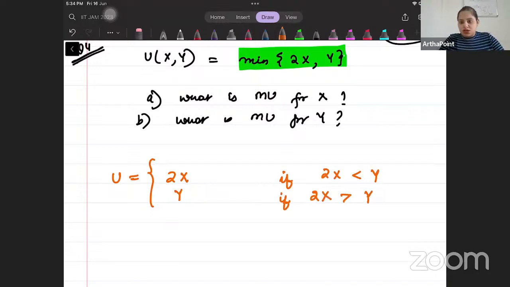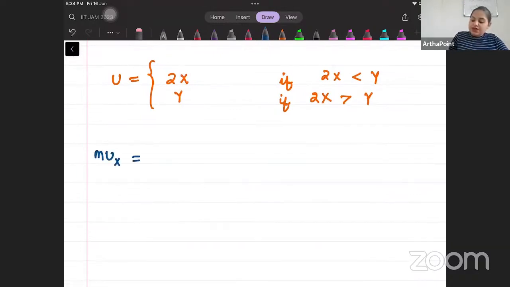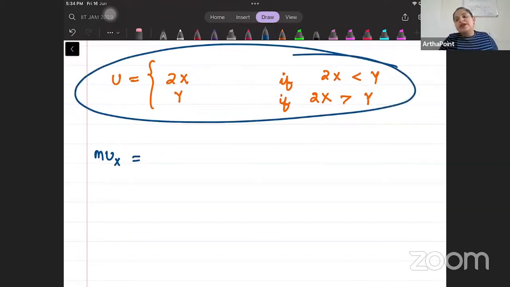So now you're asked to find the marginal utility of good x. When you ask what the marginal utility of x will be, it means that this utility function should be differentiated with respect to good x. So when I differentiate this with respect to x, I get 2. When I differentiate this with respect to x, I get 0.